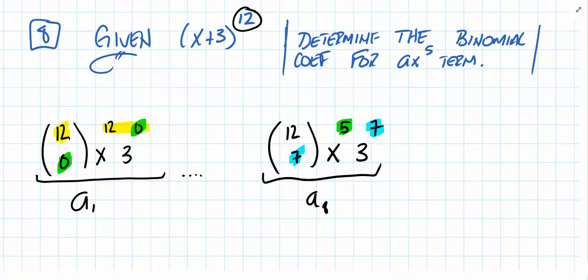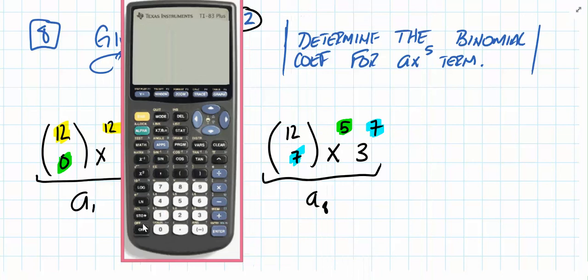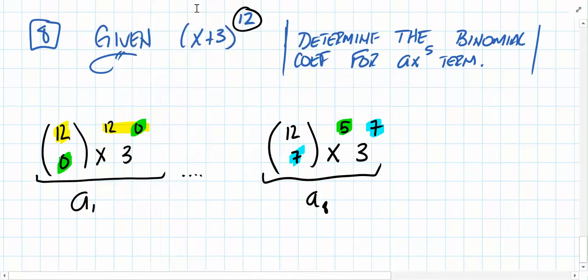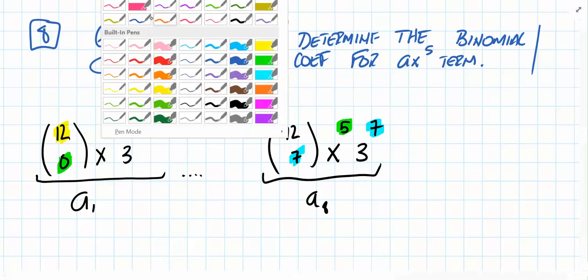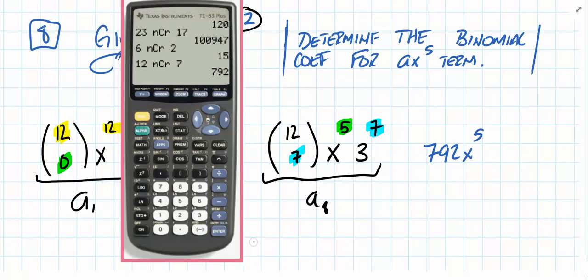So then all I do is figure out what's 12 choose 7. That would give me 792. So this is 792 x to the 5th. What is 3 to the 7th power? 2,187.